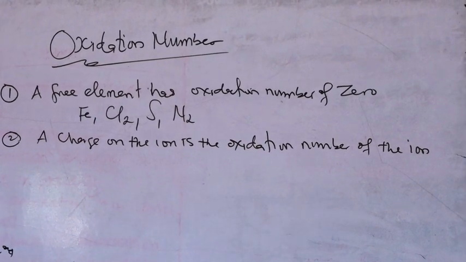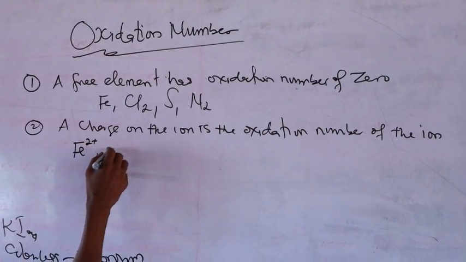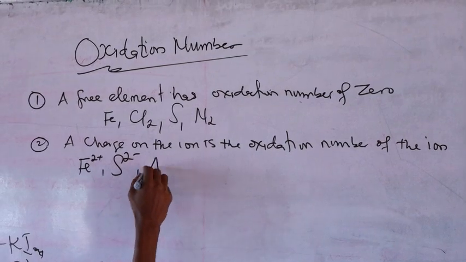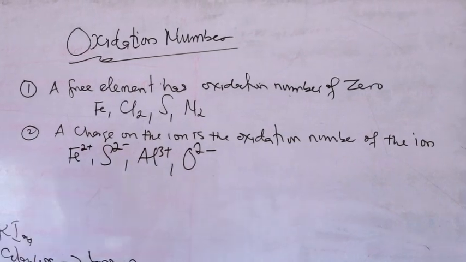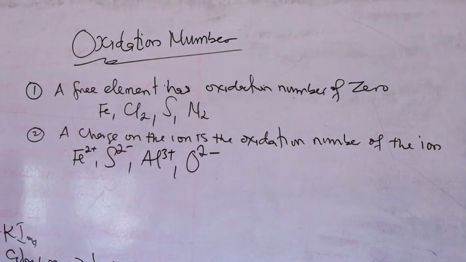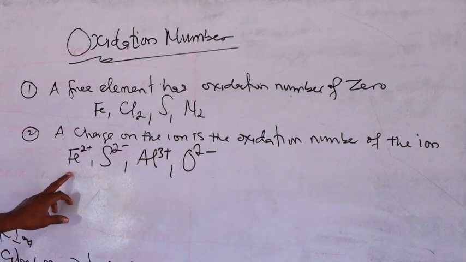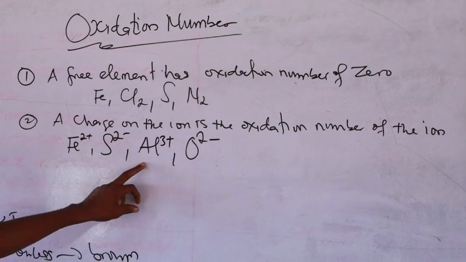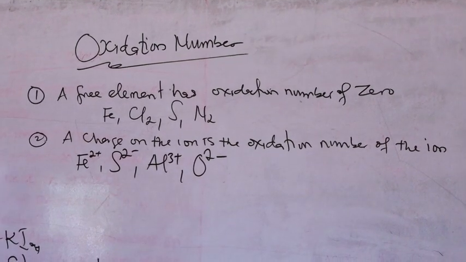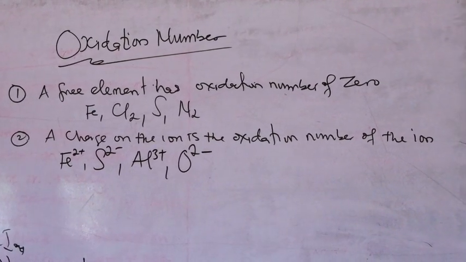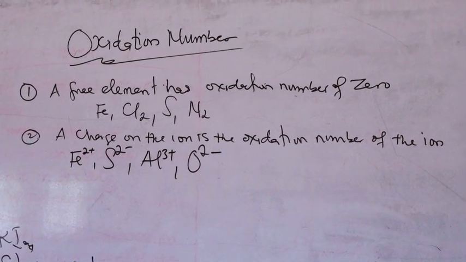For example, if you have the iron(II) ion, sulfide ion, aluminum ion, oxide ion, each of these has an oxidation number of +2, -2, +3, and -2 respectively.